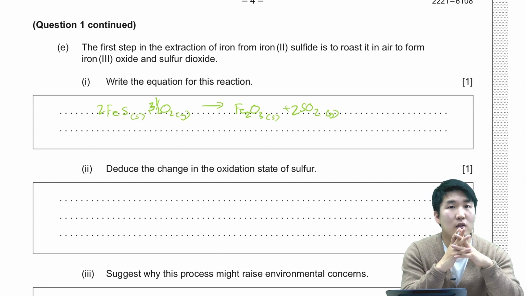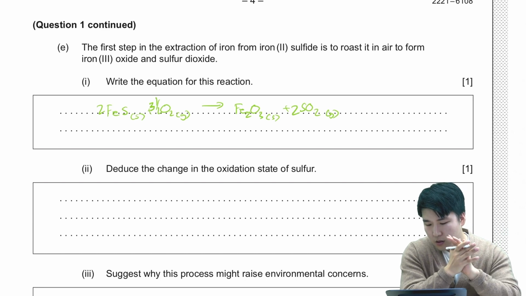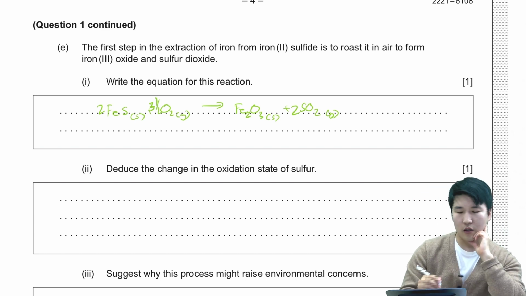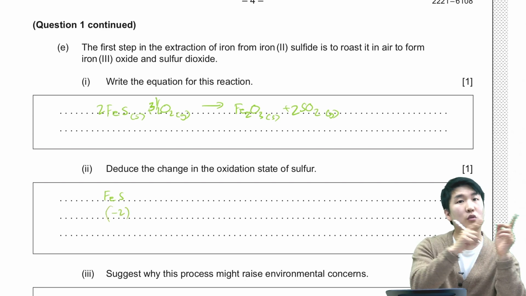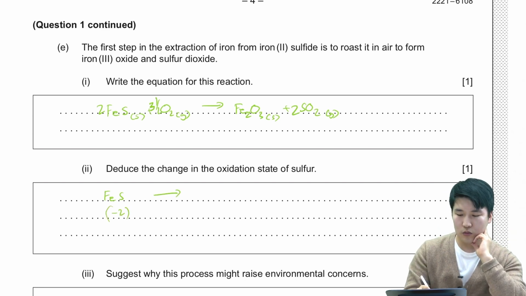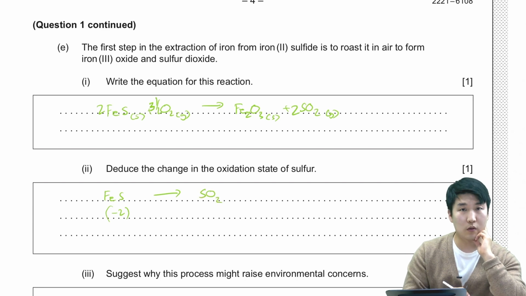Is there a change in oxidation state of sulfur? Yes, there is. Sulfur on the reactant side is an anion with a -2 oxidation state, which will turn into SO2.